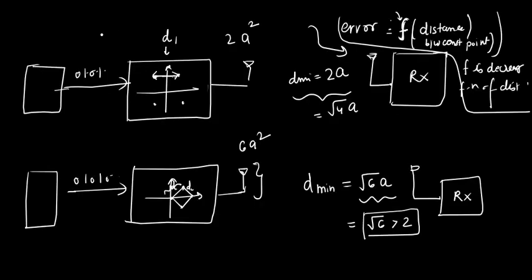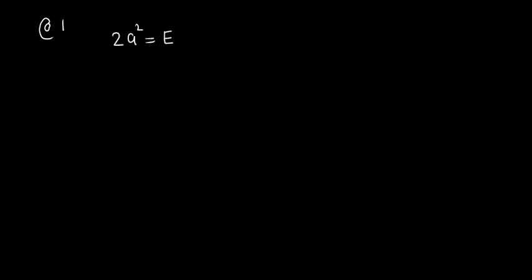Let us check their performance when E is equal to 10. What would happen at E equal to 10? So 2a square is 10, or E, so A will be E by 2, yes or no? Or let us take E as 8.